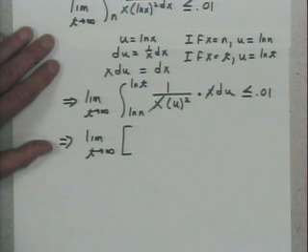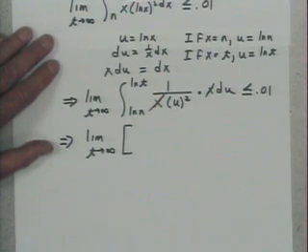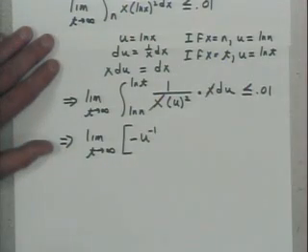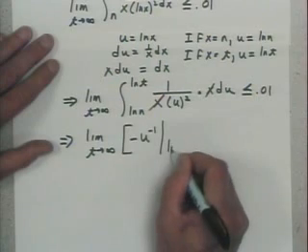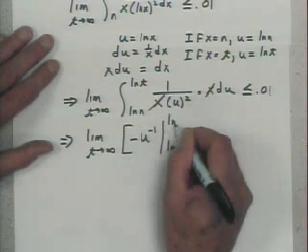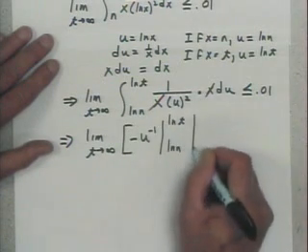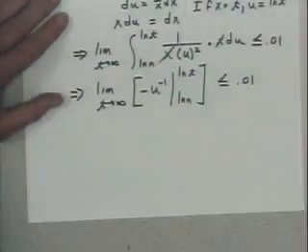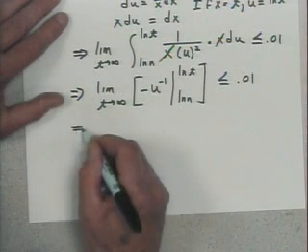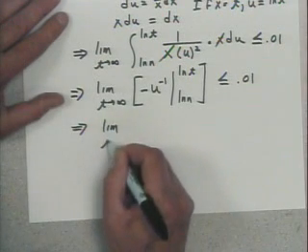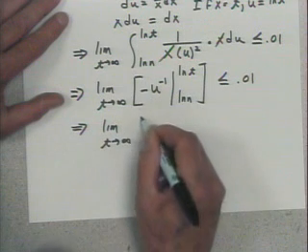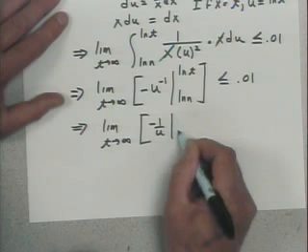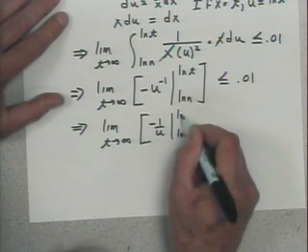Think of it as u to the minus 2. Minus u to the minus 1. That's it. That has to go from natural log of n to the natural log of t, still less than or equal to 0.01. I think I would rewrite that as the limit as t goes to infinity of minus 1 over u, going from natural log of n to natural log of t.